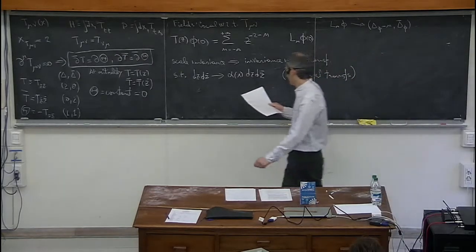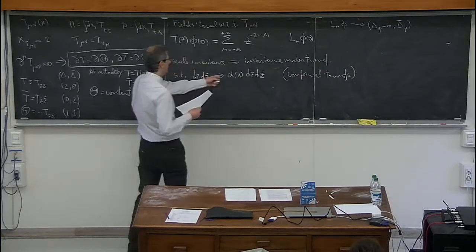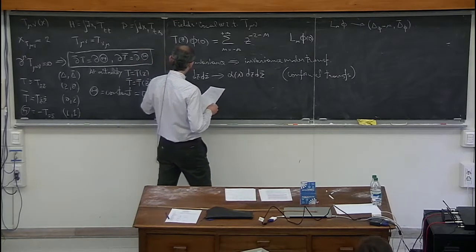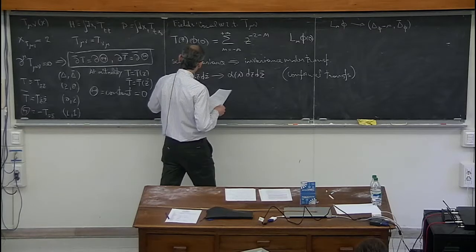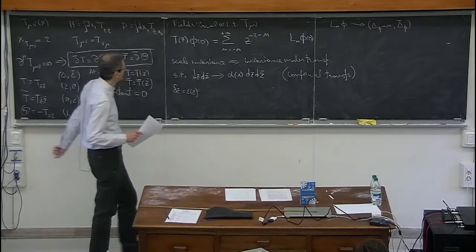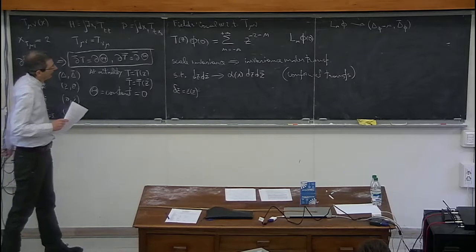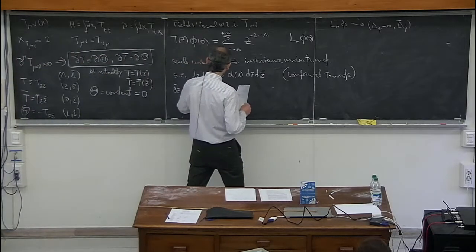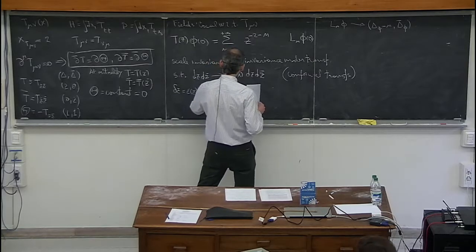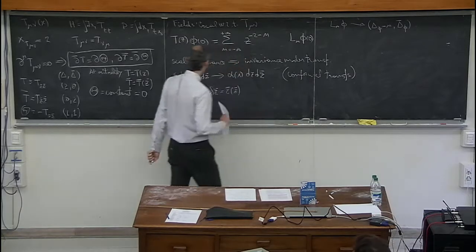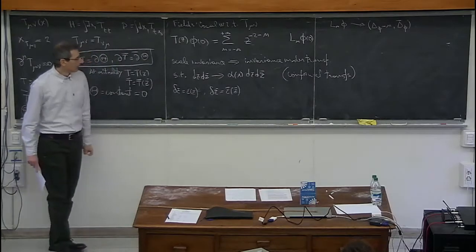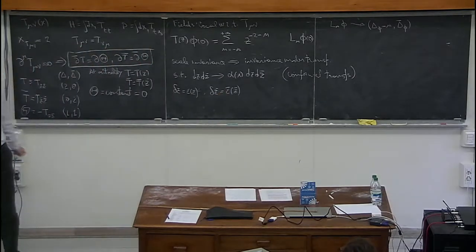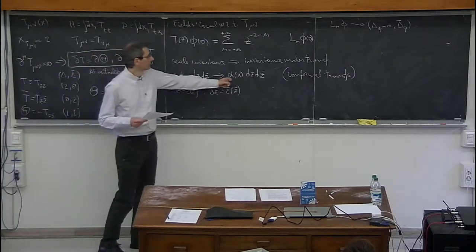Now, the peculiarity of the two-dimensional case is that any delta z equal epsilon of z, where epsilon is any analytic function of z, and similarly delta z bar equal epsilon bar of z bar, satisfies this property. So for any analytic functions epsilon and epsilon bar, this property will be satisfied.